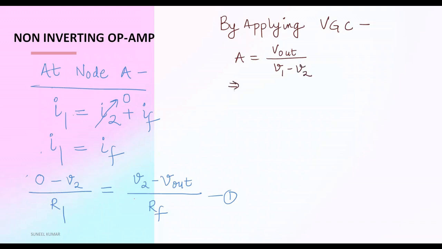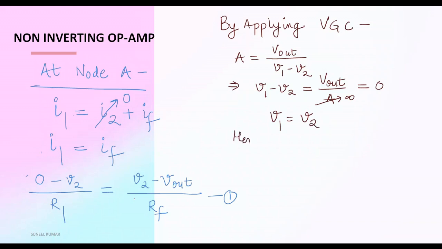So here we can write V1 minus V2 is equal to V output divided by A, considering infinite gain for an ideal op amp. Considering infinite gain, this will become 0. That means V1 is equal to V2.